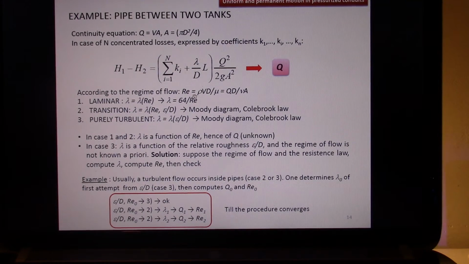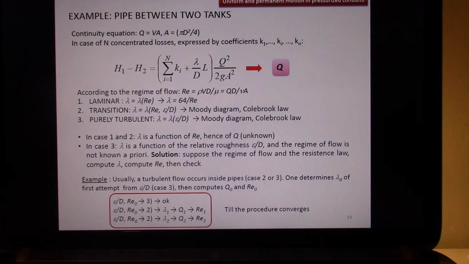So basically the procedure is making a first assumption of your Reynolds number, which means basically to say that you're, for example, in turbulent flow. So take your Moody diagram and evaluate, starting from epsilon over d, your friction factor.